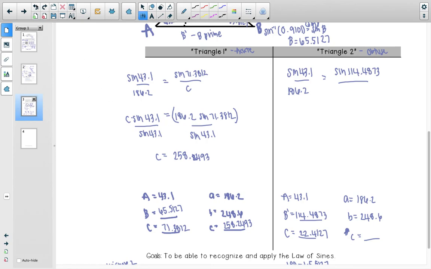Our B value is an obtuse angle, which affects our angle C, is what I meant to say. So we're cross multiplying. You cross multiply when you have a fraction equal to a fraction, not a fraction multiplied by a fraction. That pet peeve is like top 25. Okay, we're going to divide this over.